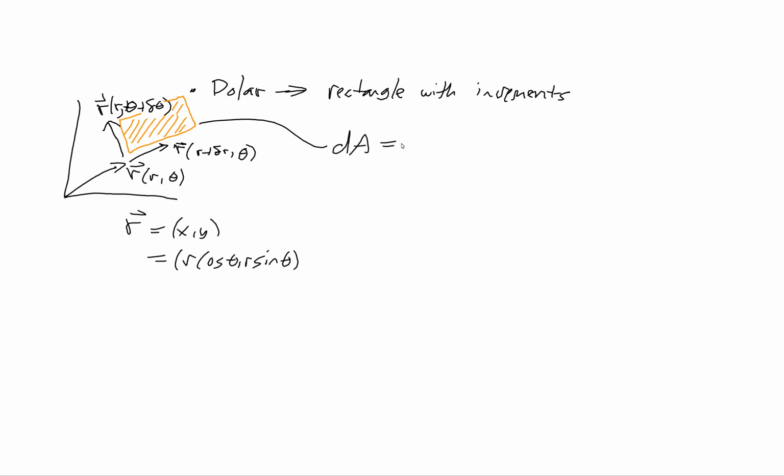So dA will be the length of the r side times the length of the theta side.